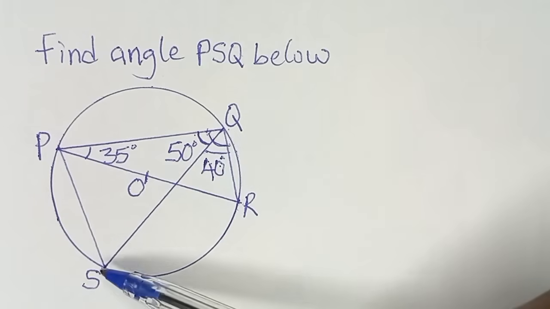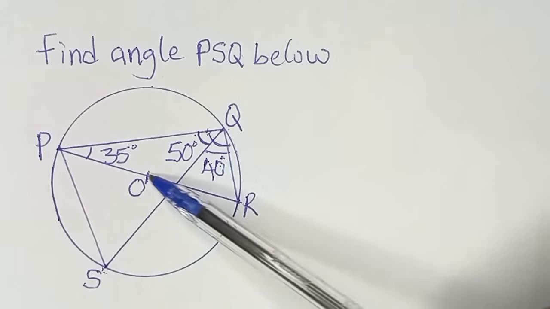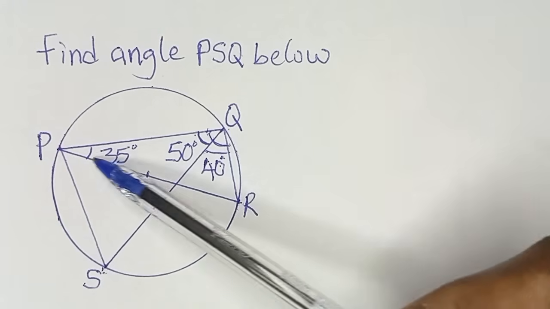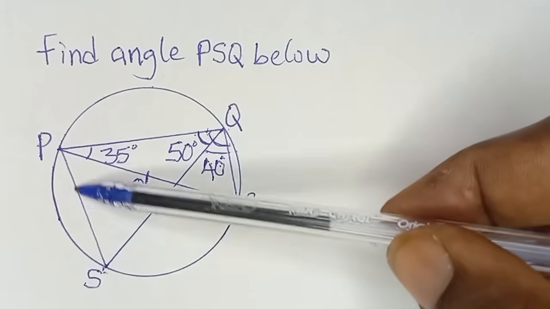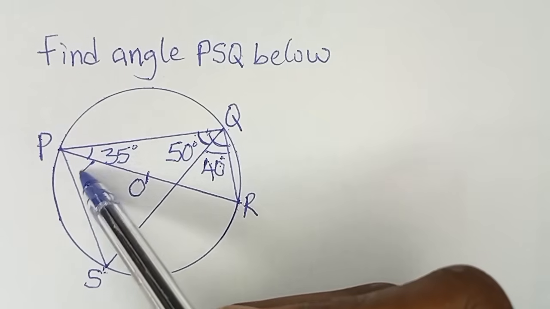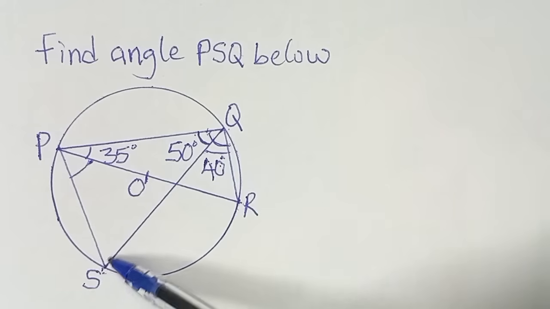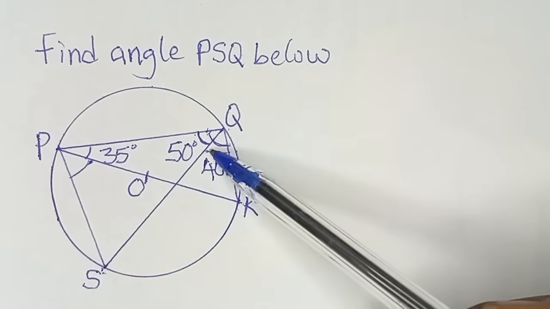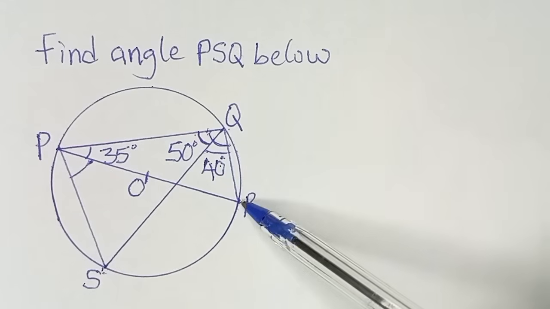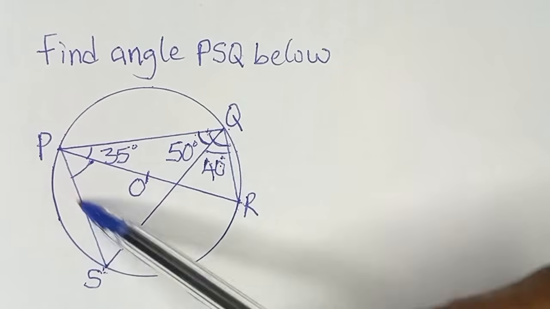In a similar way, from the same points S and R, we have two lines going to another part of the circumference, and together they form another angle at P.